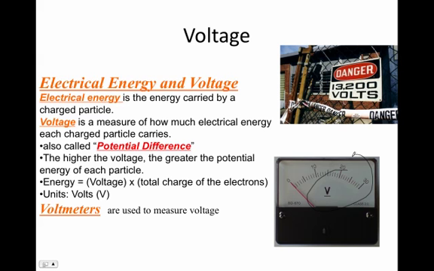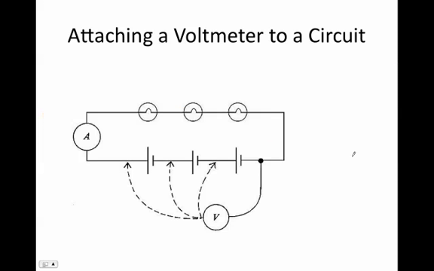There's no such thing as a smaller meter like in current, so there's no device that we would give a different name if it was measuring weaker current. When we hook up a voltmeter, it has to be attached kind of outside the current.